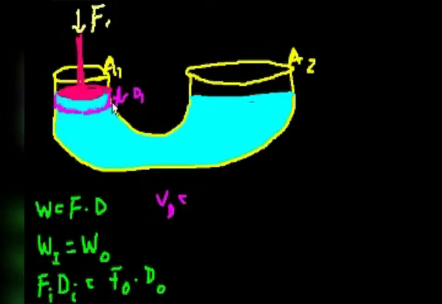I'm assuming it's constant at that point, and then it changes after that. So the volume displaced equals area 1 times distance 1.